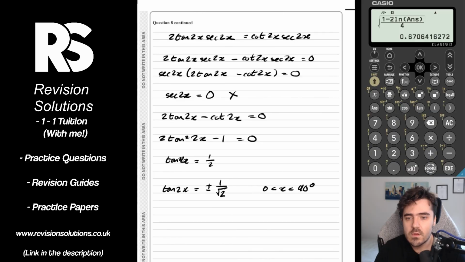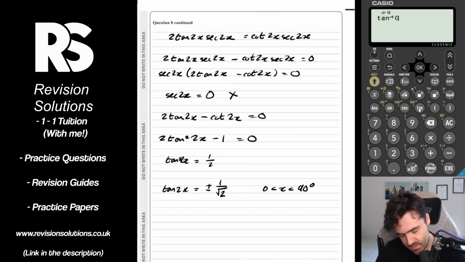So change my calculator to degrees. And then we'll do inverse tan to get our first solution. So inverse tan of, let's do the positive one first, 1 over root 2.